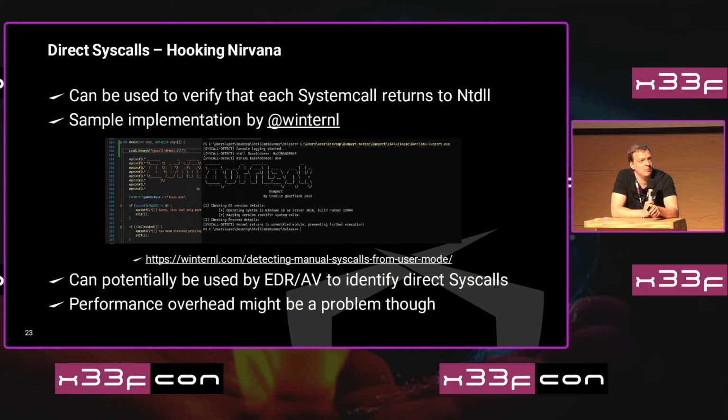There's a really cool sample implementation by Winternl, and if we make use of this implementation against Outflank dumper, the implementation by Winternl, I think it's called SyscallDetect, is immediately complaining that the kernel returns to an unverified module and it's going to exit. So this can potentially be used by security products in order to identify direct system calls. It's just that the performance overhead might be a big issue here.